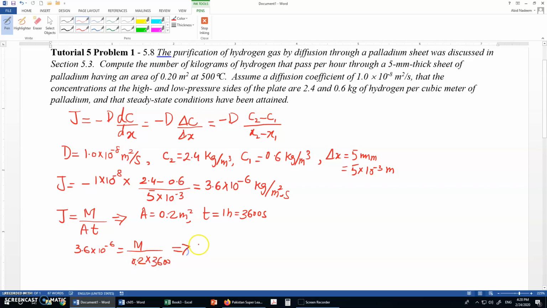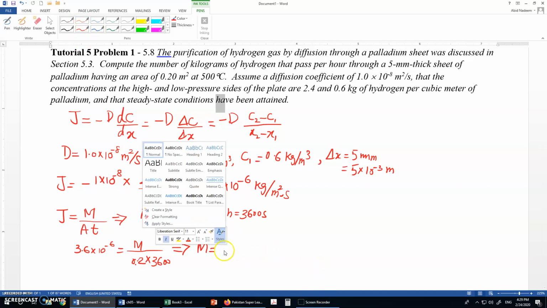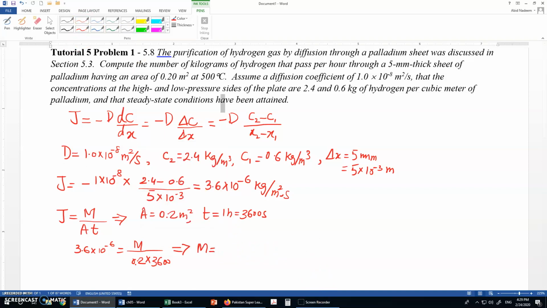From here we can find the value of m, which will be equal to 2.59 × 10^-3 kilogram. So maybe it's better to convert it into grams, so multiply it by 1000, so it will be 2.59 gram.